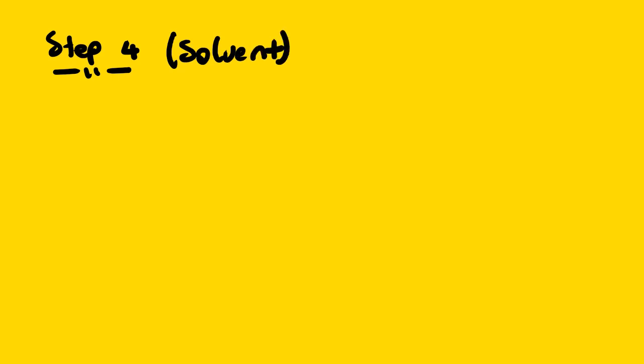Let's go to step number 4. Step number 4, we look at the nature of the solvent. Solvent is one of the important things that we should consider when we decide whether it is an SN1 or SN2 nucleophilic substitution reaction. You should know that solvent does play a role in determining whether the reaction goes by an SN1 or SN2 mechanism.